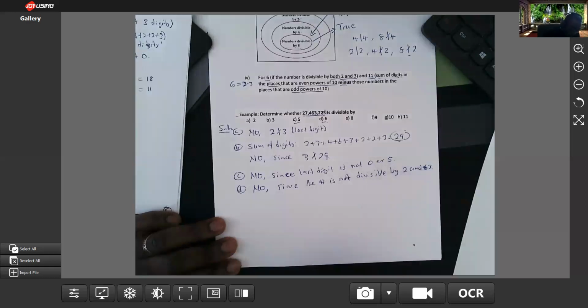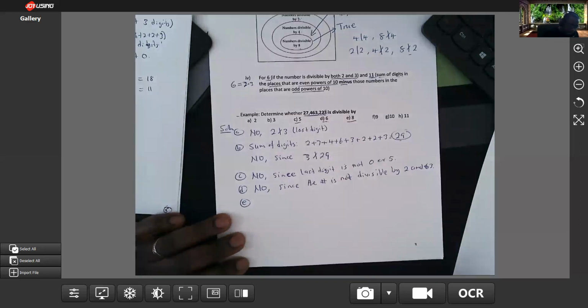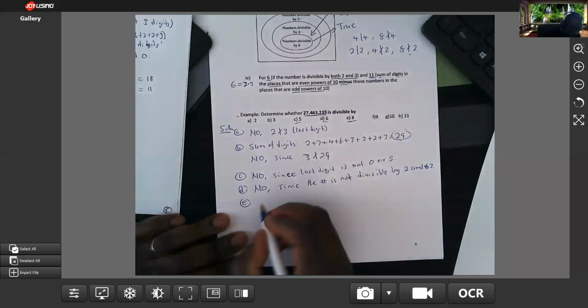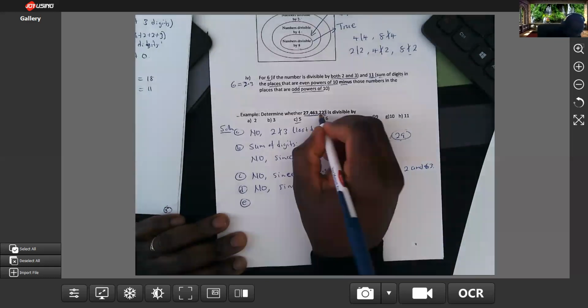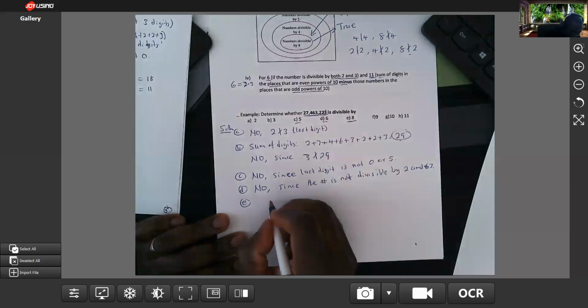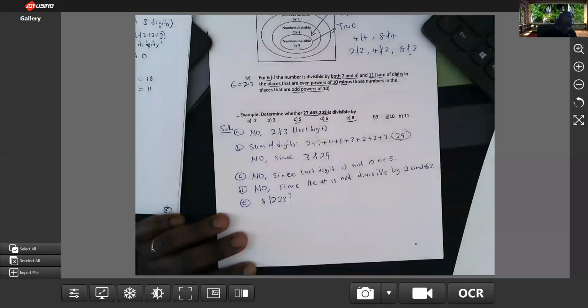All right. What about E, which is 8? Is it divisible by 8? I also do divisible by 4. First, we look at the last 3 digits, which is 2, 2, 3. So the question is, does 8 divide 223?